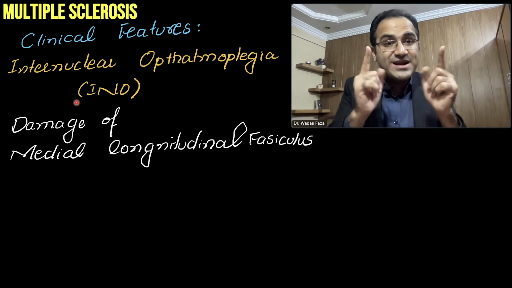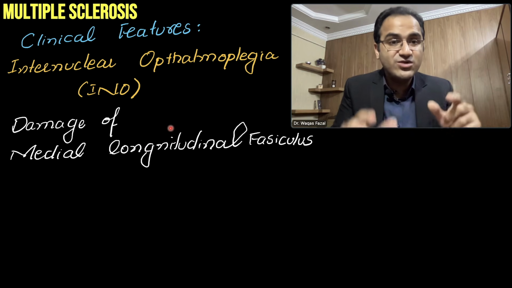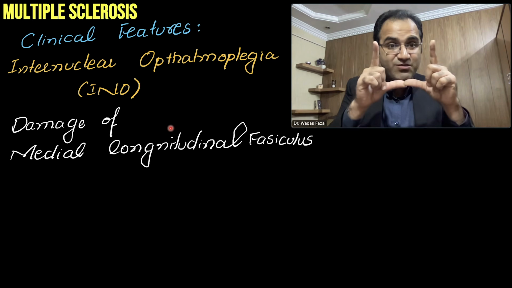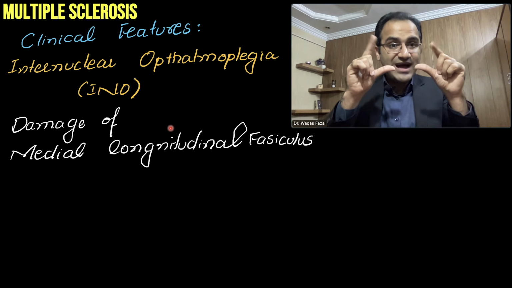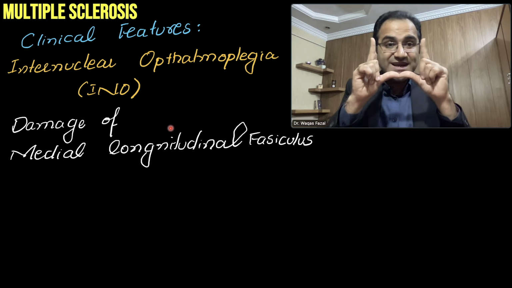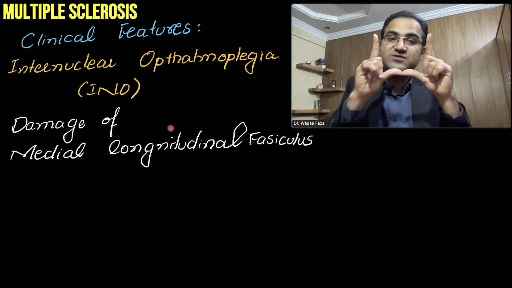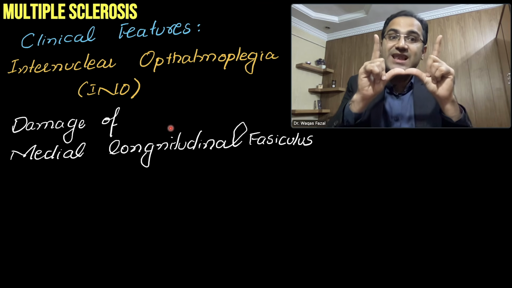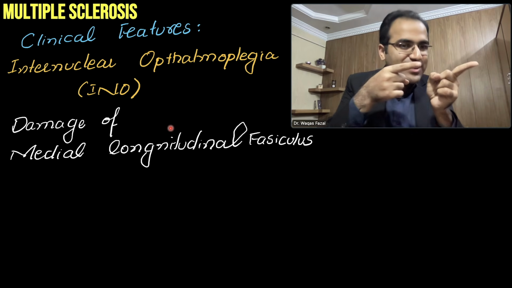Basically, there is a bundle of strong nerve fibers called the medial longitudinal fasciculus. The medial longitudinal fasciculus is a bundle of neurons that connects both eyes. So both eyes are connected with each other through the medial longitudinal fasciculus. If the right eye wants to move toward the right side, it will signal through the medial longitudinal fasciculus. It will send the signal to the left eye that we have to move toward the right side. So both eyes will move to the right side.